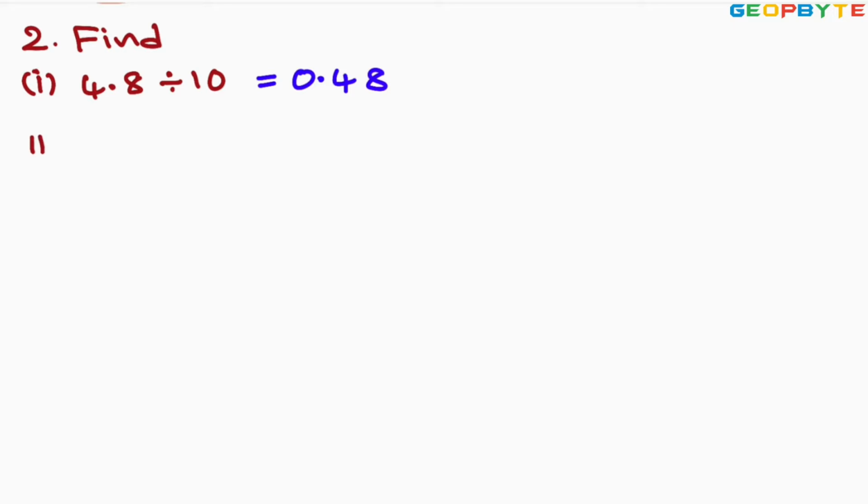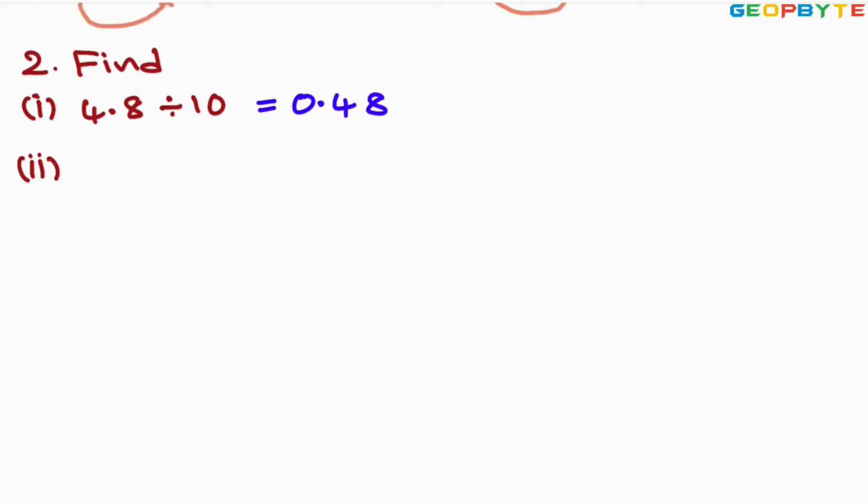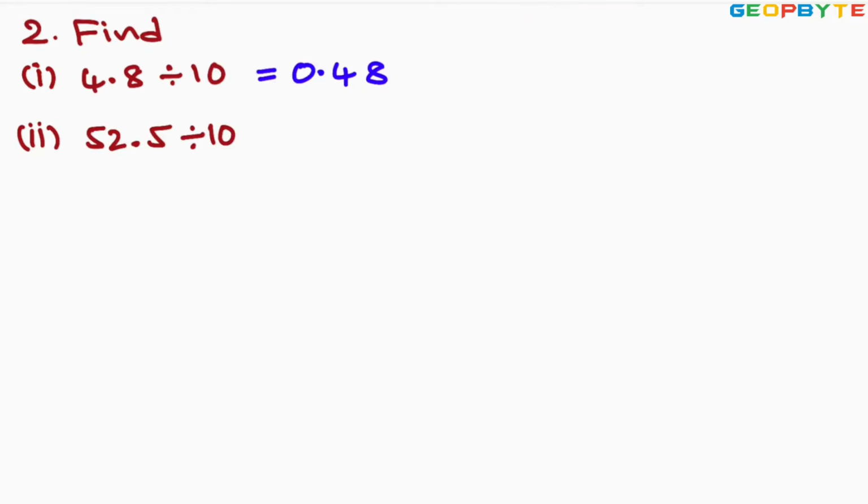Next, second one. 52.5 divided by 10. On dividing a decimal by 10, the decimal point is shifted to the left by one place. So if we shift the decimal point towards left by one place, then we'll be getting 5.25.